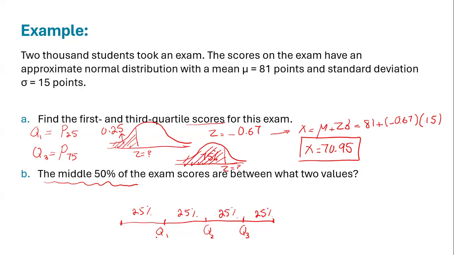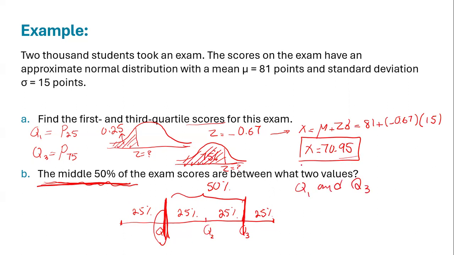When it says find the first quartile, that means the area under that is 25%. When it says find the third quartile, that means 75% or less than that. When it says find the median 50%, that means from this number to this number. The median 50% of data are between the first quartile and the third quartile.